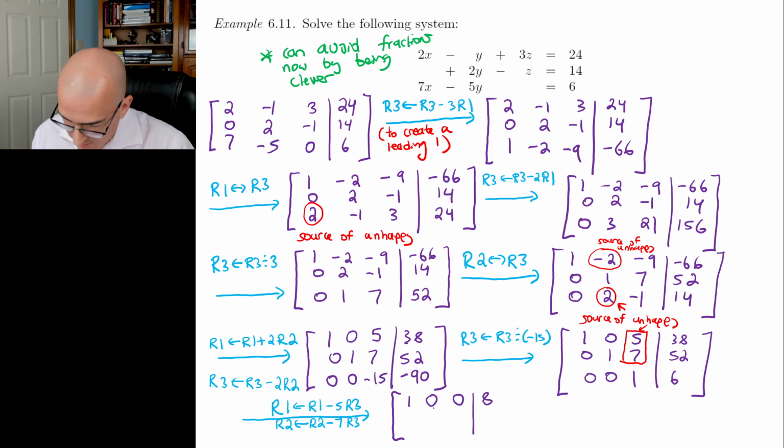Then row 2 becomes 0 minus 7 times 0, 1 minus 7 times 0, which is 1, 7 minus 7 times 1, which is 0, and 52 minus 7 times 6, so 52 minus 42, which is 10. And the last row is 0, 0, 1, 6. And we have our solution.